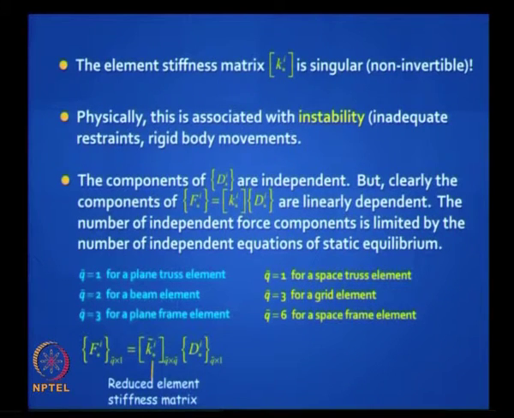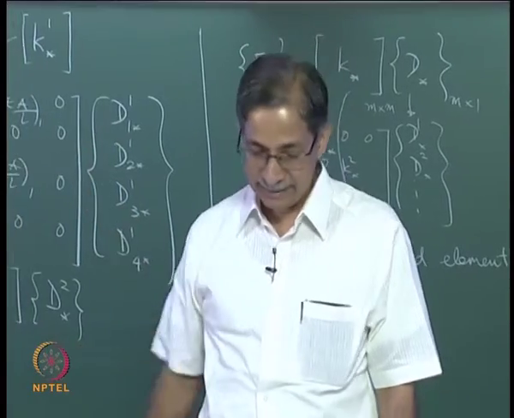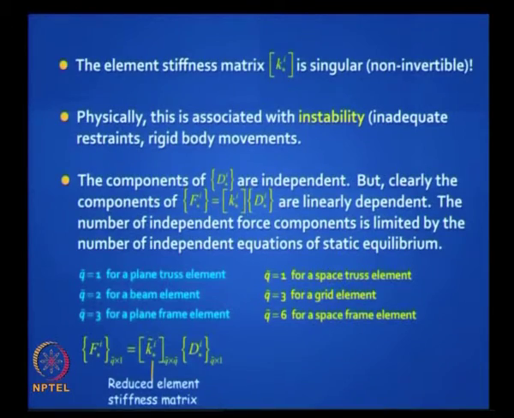I bring a new notation here: the tilde tells you that this element stiffness matrix is different from the stiffness matrix we talked about till now. This deals with the reduced size of the matrix.